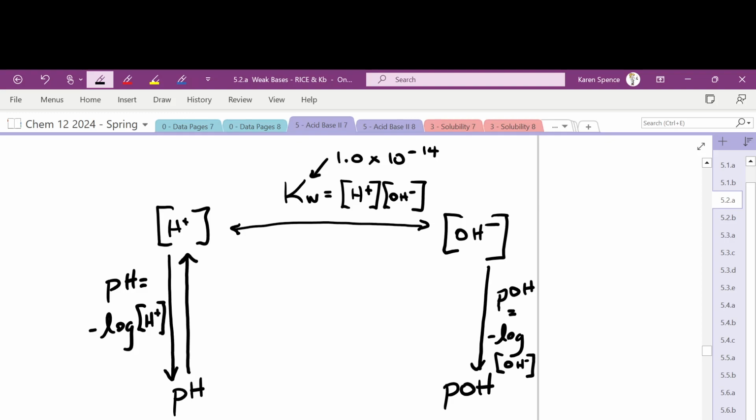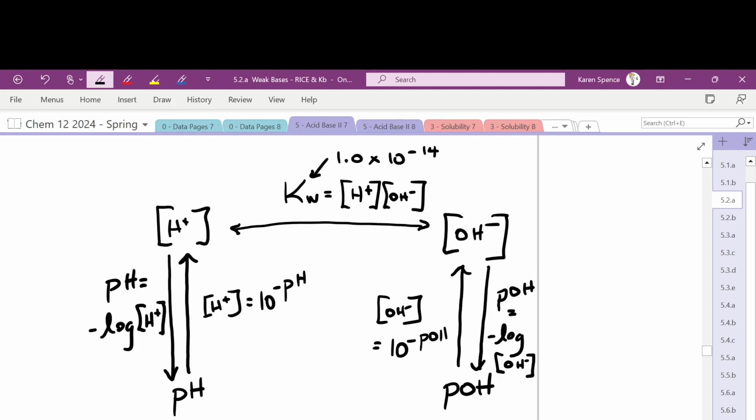how do we go from pH to H? Concentration of H is equal to 10 to the negative pH. Concentration of OH is equal to 10 to the negative pOH.